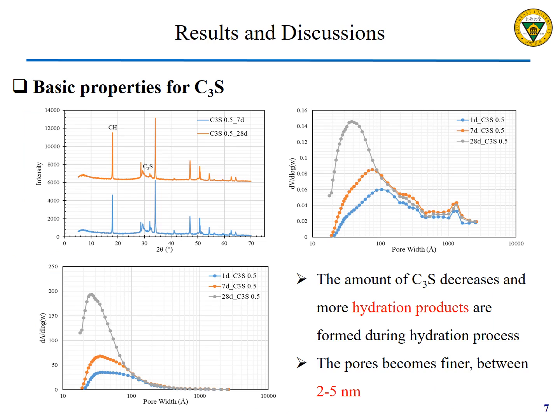Results and discussion. At the beginning, some basic experiments were done on the C3S system. It can be seen that when the hydration time is longer, such as this 28th day, there will be more calcium hydroxide and less C3S. And for the pore size distribution, pore volume and surface area are shown on the right and below.